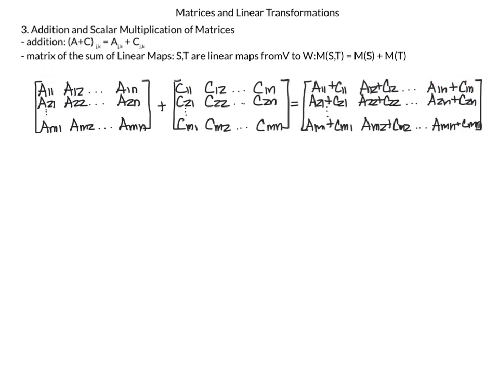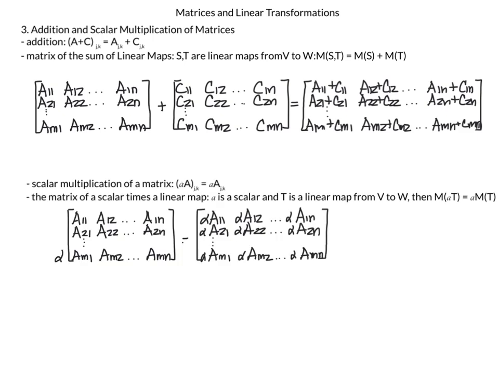Going down the column now, A21 plus C21 is over here, A22 plus C22 is here, A2n plus C2n is here, and then in the final row, AM1 plus CM1 is our first entry, AM2 plus CM2 is our next entry, and our final entry is AMN plus CMN over here. When we multiply a scalar times a matrix, we essentially just multiply every entry by the scalar.